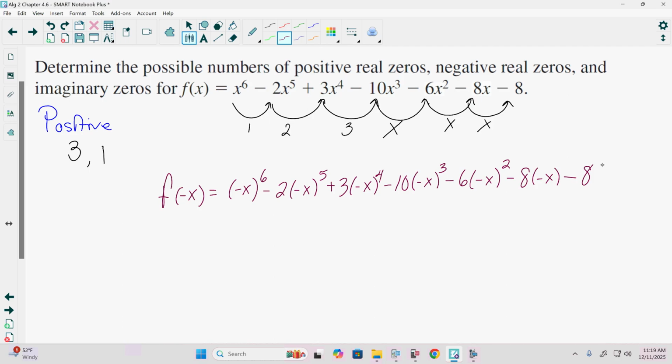So all we're doing is plugging in negative x in every place where there's an x. Out of all the terms, our negative 8 is the nicest because we don't plug anything into it. It's just going to be negative 8 no matter what happens.